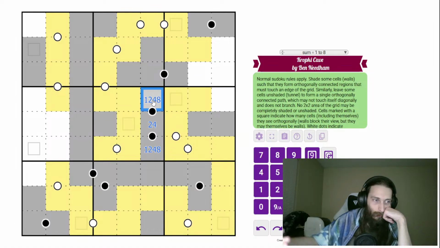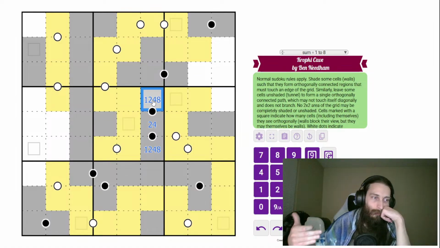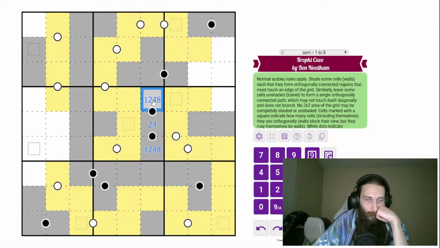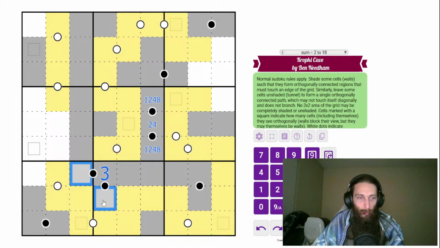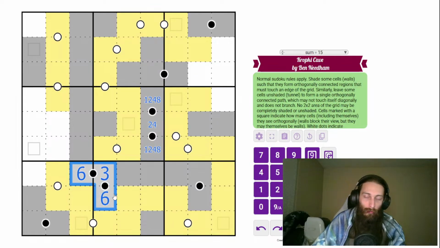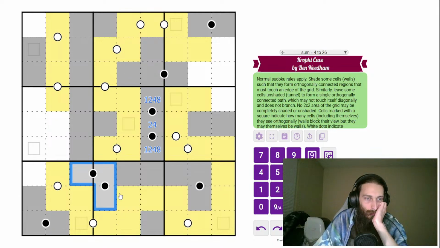But when they're doubled, they go to 10 or more. So 5, 7, and 9 are not options. And then 3 and 6 connect together, but they're the only 2 in their chain. So I can't have 3 together, but I can put a 3 and a pair of 6s around this way. So that's why 3 and 6 is still an option. But 5, 7, and 9 still aren't.